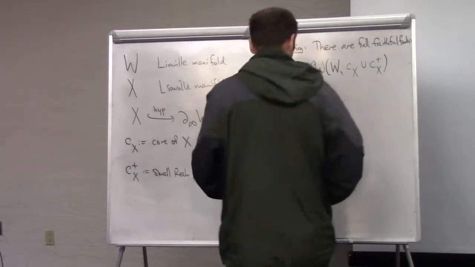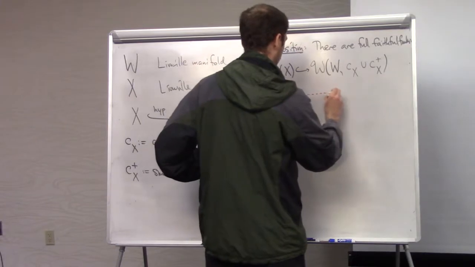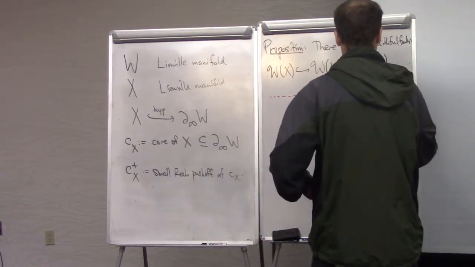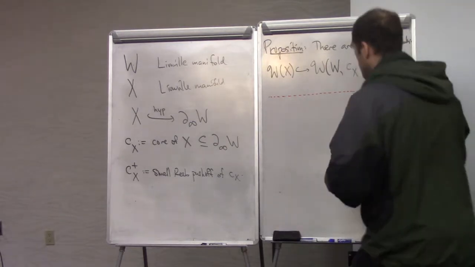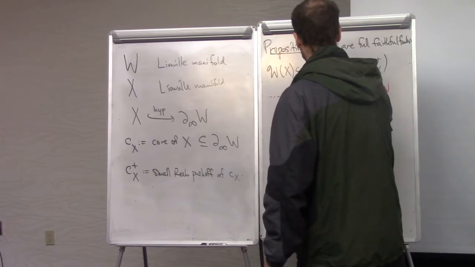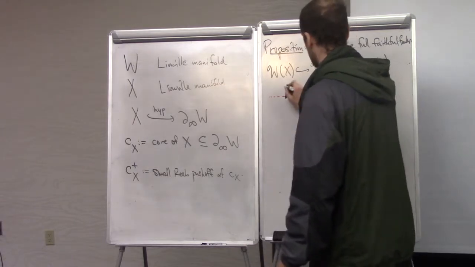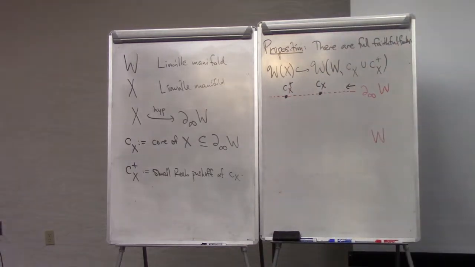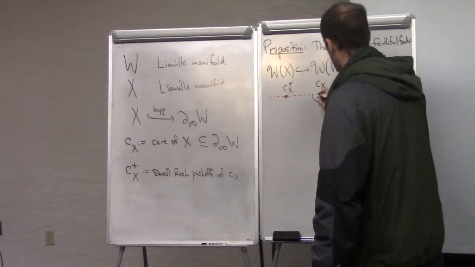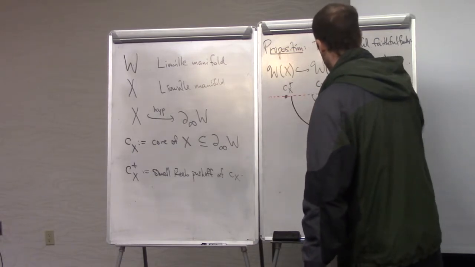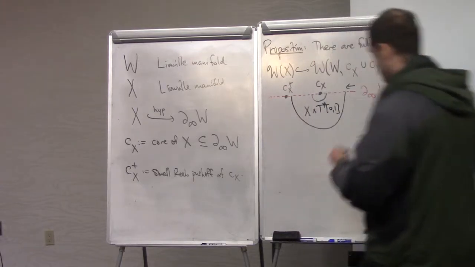Okay, so I drew the proof of this last time. So we have here the boundary at infinity of W. This here is W. Two copies of this dot here, Cx, let's make wrapping go counterclockwise in this direction, Cx plus, and now you have this embedding here, X cross T star [0,1].